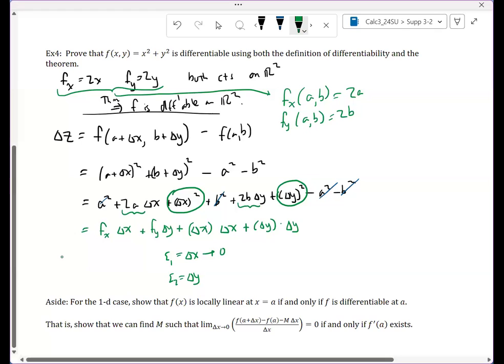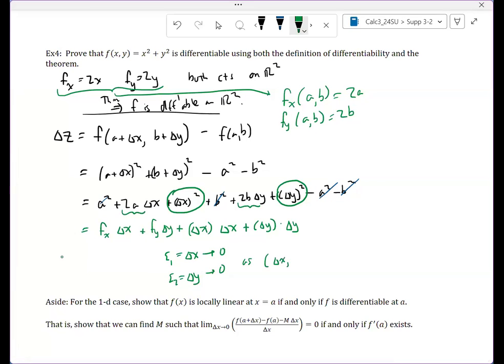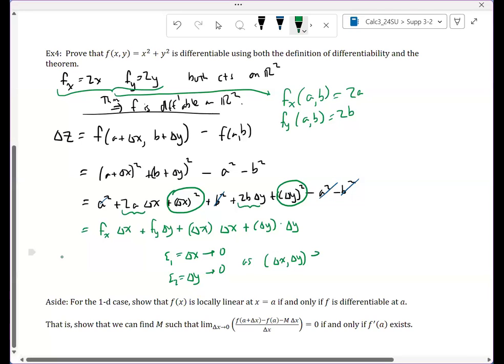And these both go to 0 as delta x, delta y goes to 0, 0.